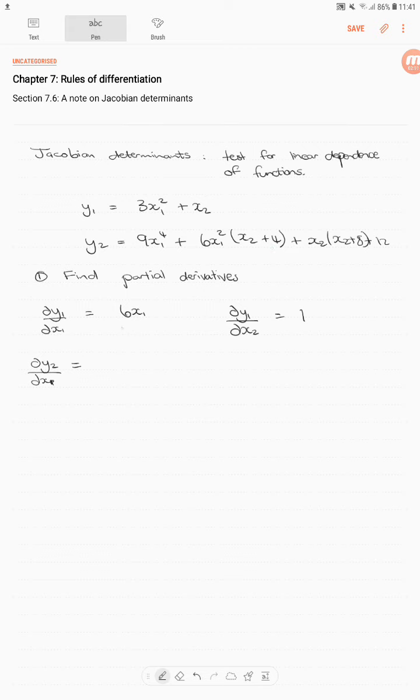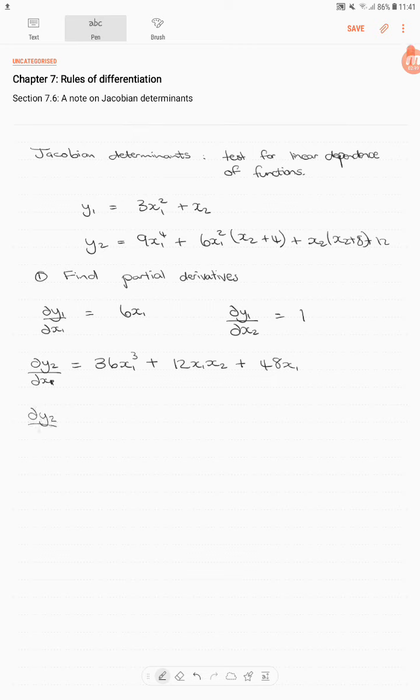So 9 times 4 is 36x1 cubed plus 12x1, 2 times 6, x1 times x2 plus 4 times 6 is 24 times 2 is 48x1.